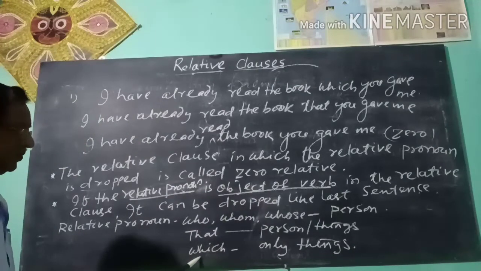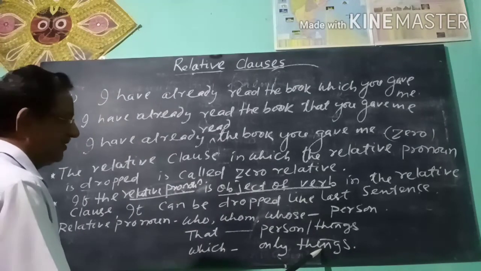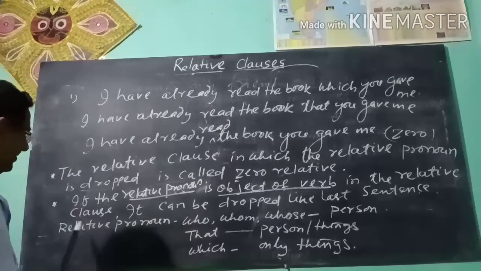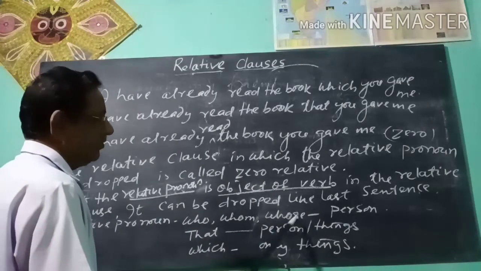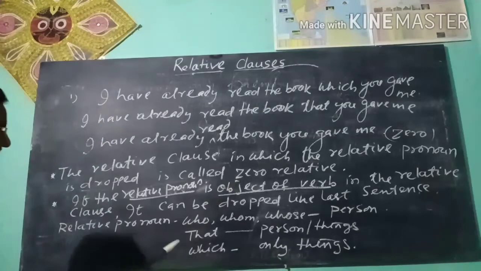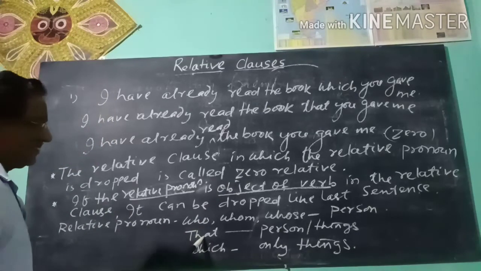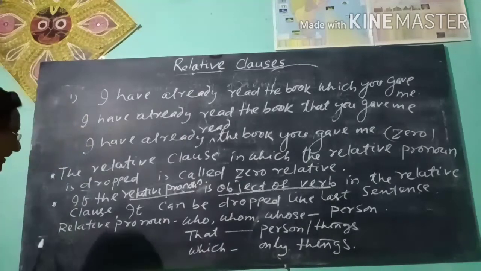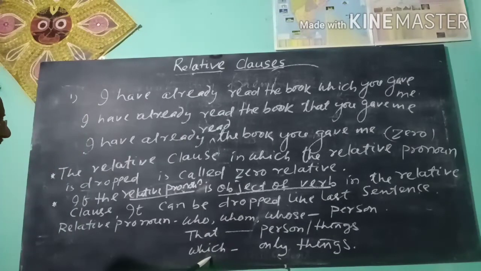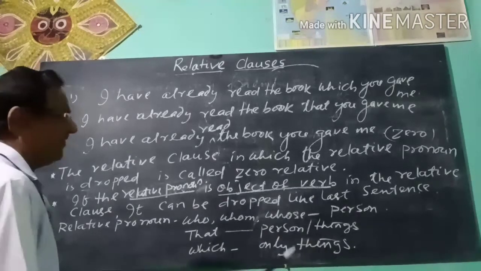Which is used only for things. Remember it. Relative pronouns who, whom, whose are used for persons. Relative pronoun that is used for persons and things. Relative pronoun which is used for only things. You remember it.